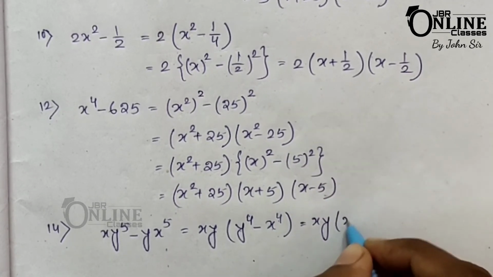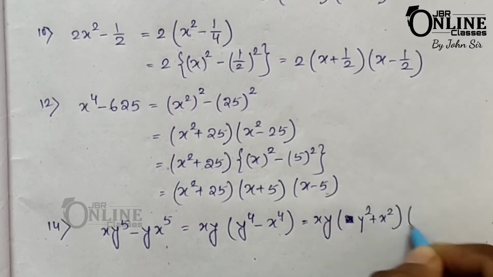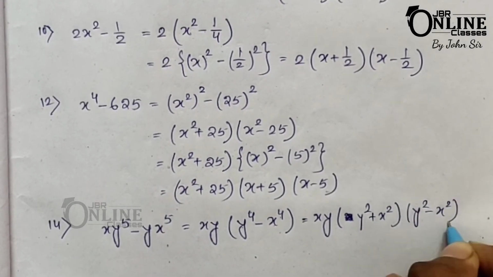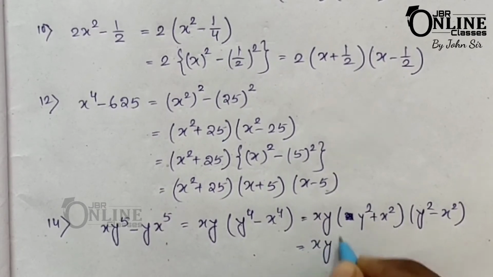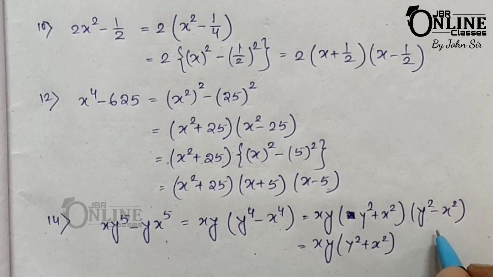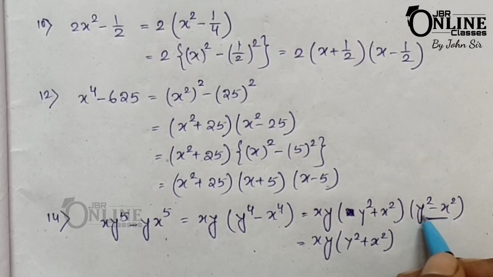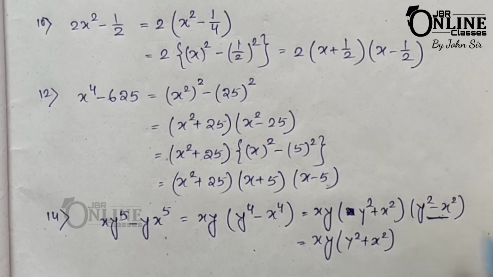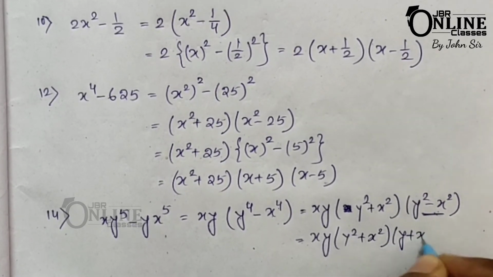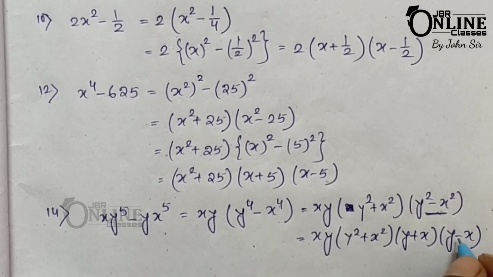So that means here you can write y square plus x square and then y square minus x square. Now there is no change in the first factor, that means y square plus x square, but there will be a change in the next factor, because you can apply the formula a square minus b square for this factor. So just write down here y plus x and y minus x. So that is the final answer.